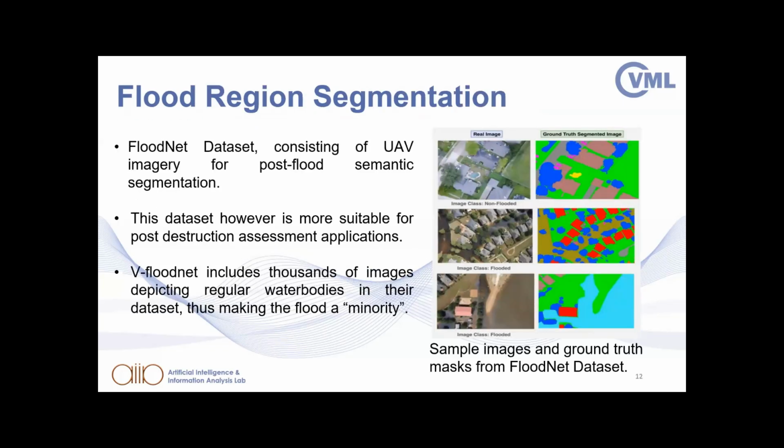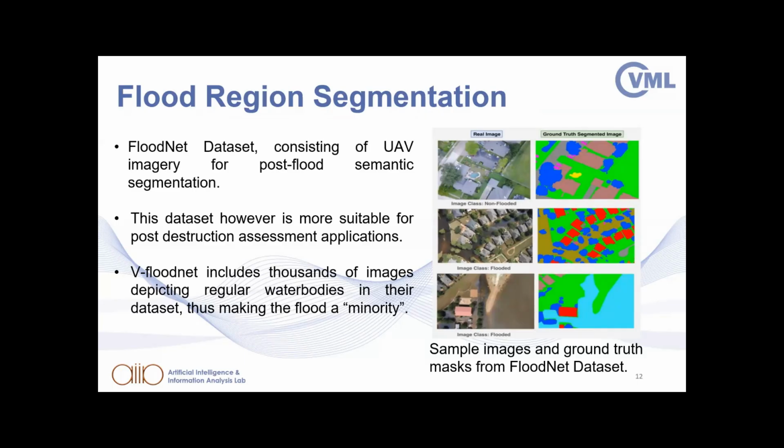Here is one dataset that we used for our experiments, and the name of this dataset is FlatNet, which is specifically designed for post-flood semantic segmentation. The dataset consists of UAV images that help us in identifying and analyzing flooded and non-flooded regions.